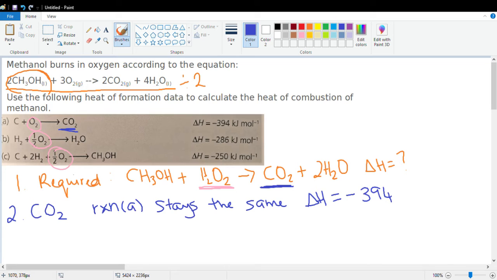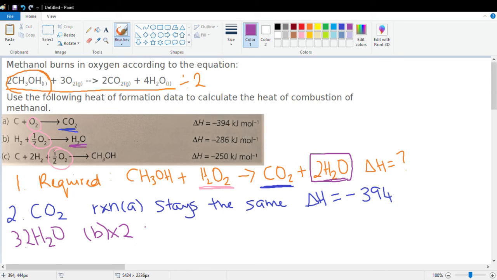The next one we're going to look at is reaction B, and the one that's telling us about our waters, so H2O. Now in the equation for what we want, we've got 2 waters there. So that means that for our 2H2O, we're going to have to do reaction B times 2.